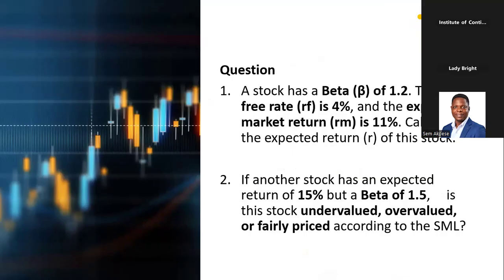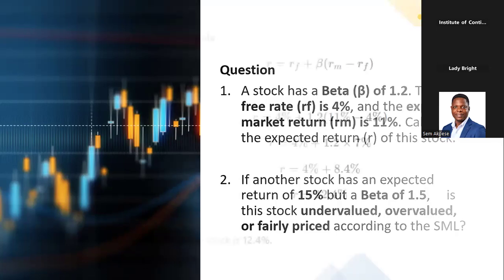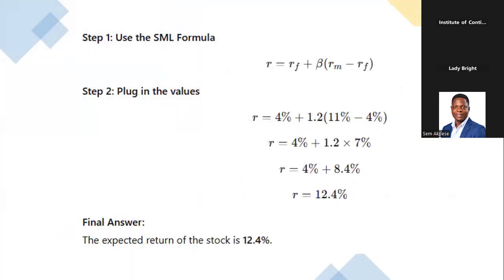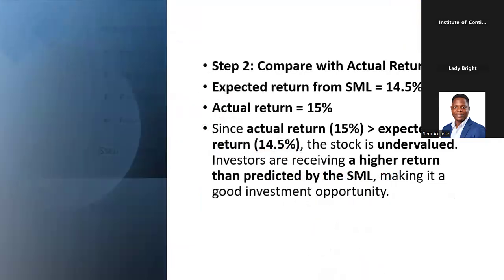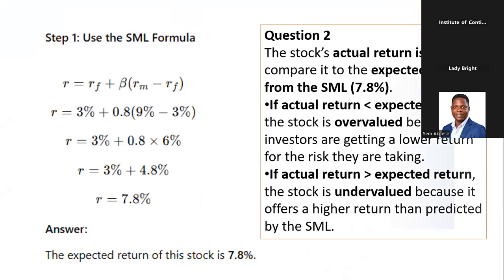But when you did your intrinsic value calculation, the expected return you got was 14. This is to check whether what they are offering is okay or not. Maybe you did it, it was 16. You will tell yourself that we should receive more than what they are offering. Do you get it? Yes, please. I'm okay now. So they are offering 15, but our calculation says it should be 14.5. Okay. Thank you. You're welcome.